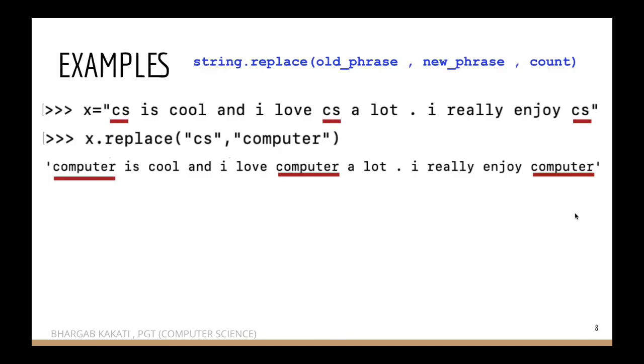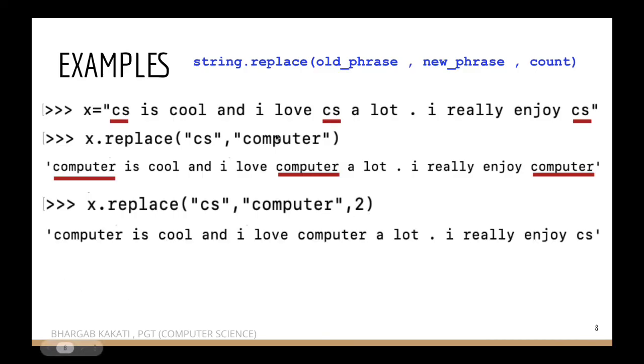So here what is happening, wherever you had CS, it is replaced by the substring computer. In the next example, let us see another variation. If I write x dot replace CS comma computer comma 2, now what will happen? Now here how many times CS occurred? CS occurred 3 times, but out of 3 times, this is the value of count. If you compare it with the syntax, this is the value of count. Since the value of count is 2 here, so what will happen?